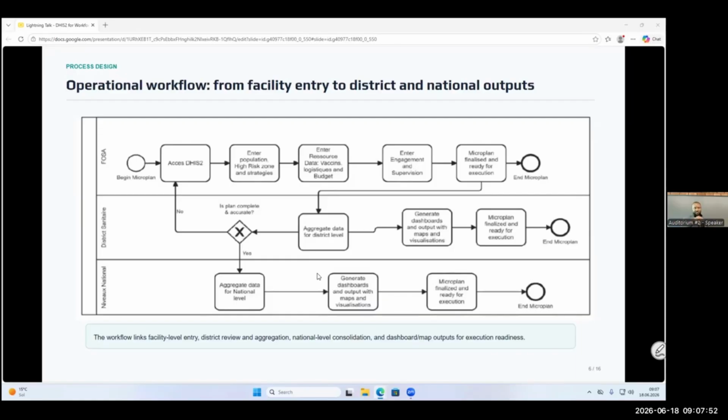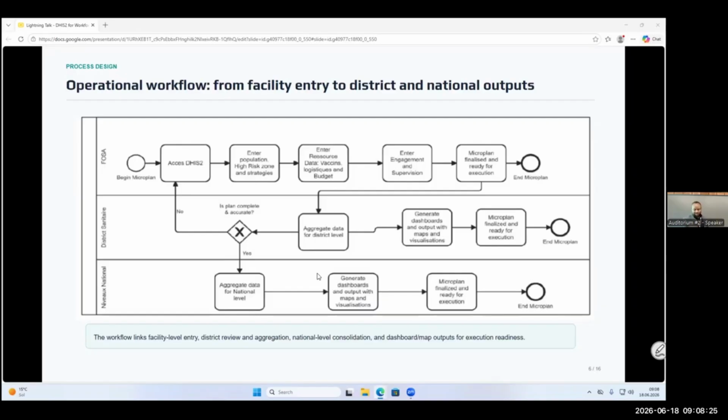They finalize that year's microplan, and if it's completed, on the district level, as you can see on the second row, they now have aggregate data, and from the aggregate data, they can generate dashboards and different reports. Now we have a microplan ready for execution. It's pretty much the same on the national level, just at a higher level.